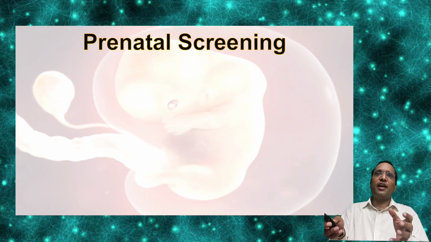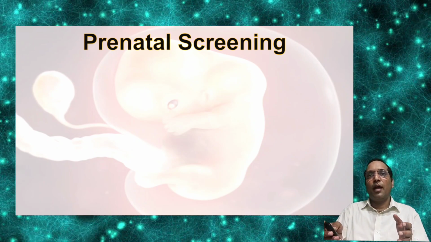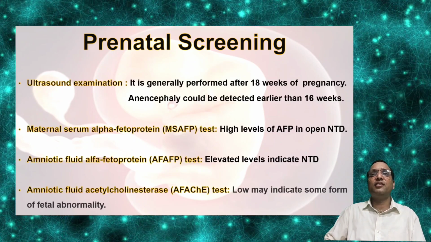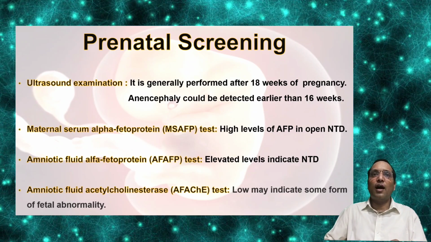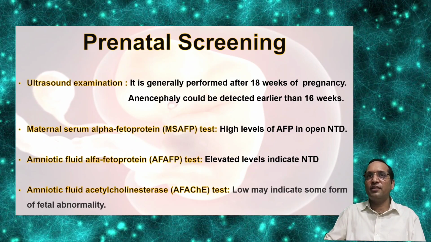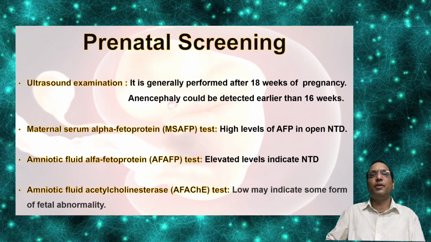Guys, we can diagnose the spinal defect or neural tube defect at prenatal screening through ultrasound examination, usually after the 18th week of pregnancy, and anencephaly could be detected earlier, before the 16th week.